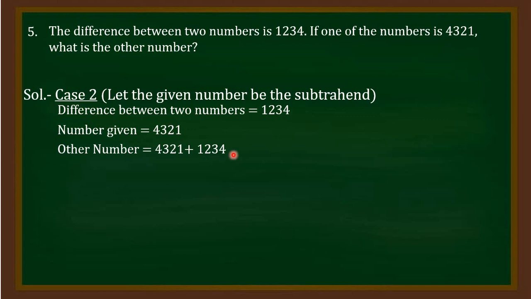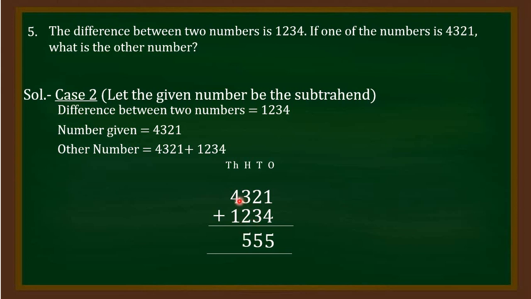Now let's write these two numbers in column form to add them properly. Starting the addition from ones place, 1 plus 4 will give you 5. Moving to the tens place, 2 plus 3 will give you 5. Moving to hundreds place, 3 plus 2 will again give you 5.